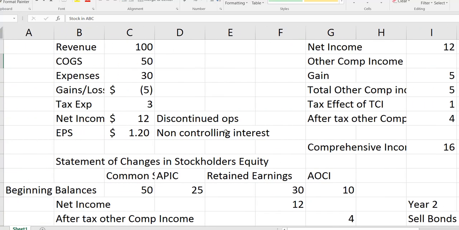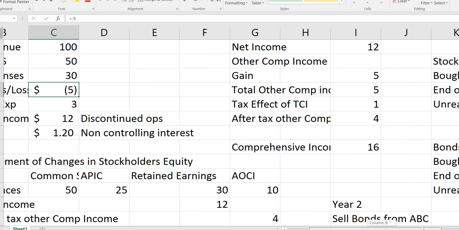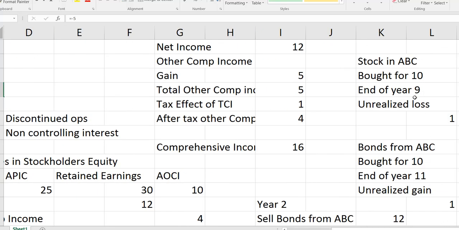That belongs on the income statement, so it would change our gains and losses here, which then would change our tax expense, net income, earnings per share, and their net income over here. Does that make sense? So that's how that unrealized loss works.